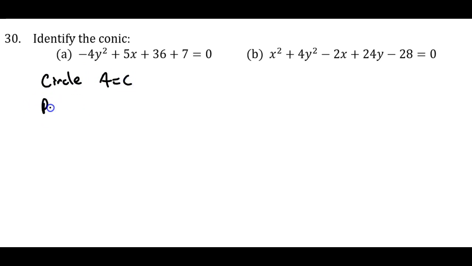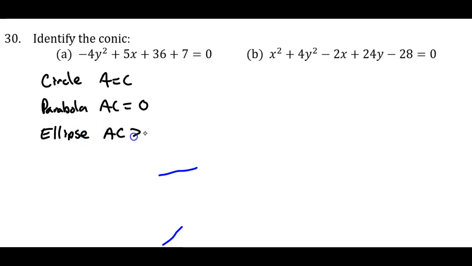It is a parabola if ac equals 0. It's an ellipse if ac is greater than 0. And it's a hyperbola if ac is less than 0.